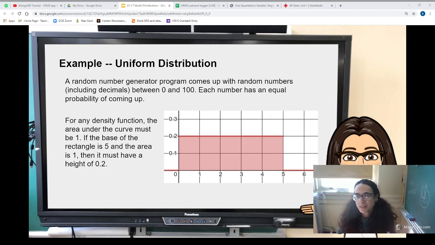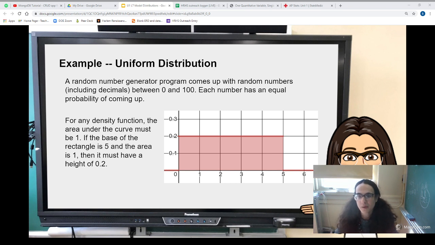So let's see what this looks like in practice. Here we're gonna skip the normal curve right now. That'll be its own lesson in lesson 8. We're gonna just talk about the uniform distribution now. So we have a random number generator that's coming up with random numbers, including decimals. Oops, sorry, I'm gonna have to edit that. That's supposed to say between 0 and 5. I kind of changed the problem in there.